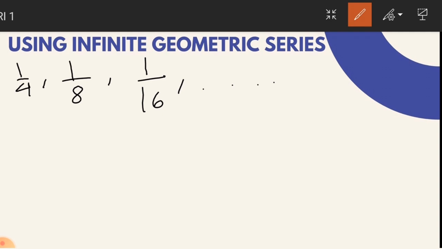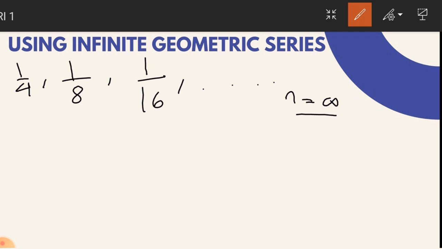To make the proof credible, we should remove the part of the table when n is equal to infinity, but it will be impossible if we try it one by one, because it will take a lot of time. Thus, we need to use an infinite geometric series where n is equal to infinity.